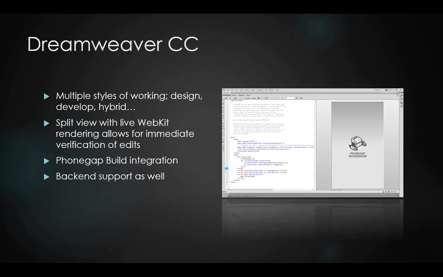I'm emulating the view of a mobile application, and since we're dealing with just JavaScript and HTML, I can run that live view, and it'll all render through the WebKit engine that's built into Dreamweaver itself. Dreamweaver also has PhoneGap Build integration, so if you are taking that route where you just want to edit with web technologies, it makes it very easy to push that up to PhoneGap Build and get your APKs and whatever other format you need back.